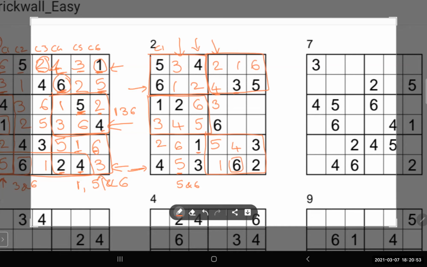Finally this grid is remaining, and the remaining numbers are 1, 2, 5, 4. We have already 5 here and 2 here in the column. I'm giving you a hint.